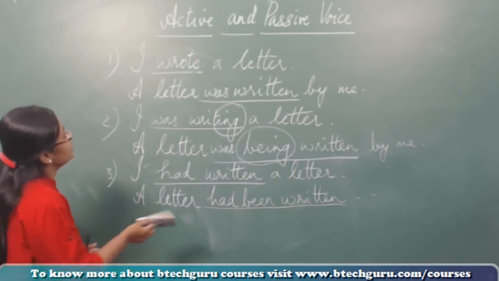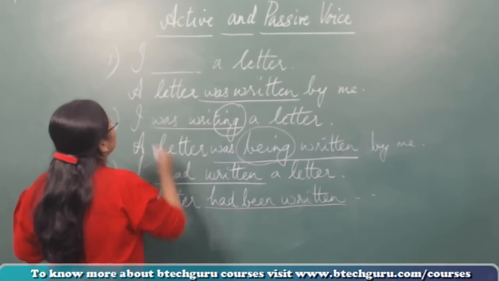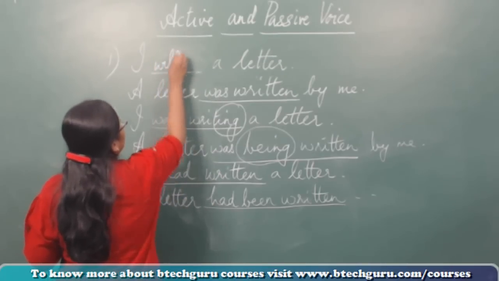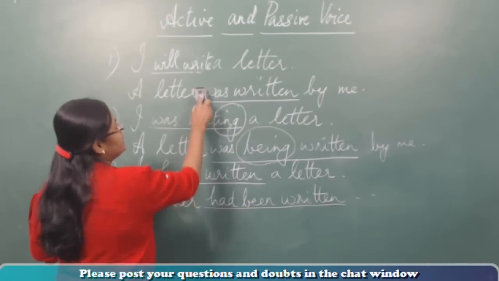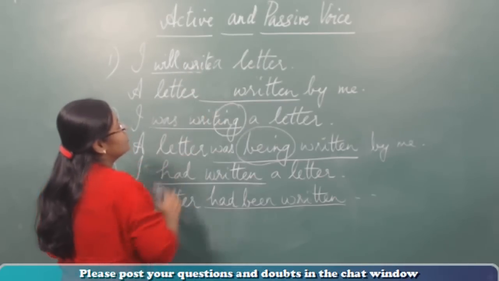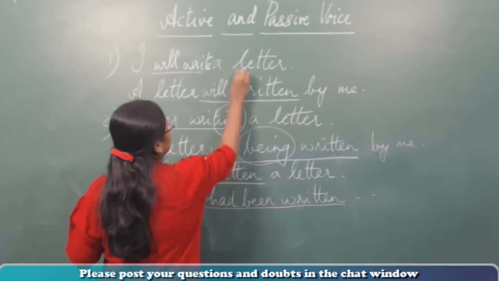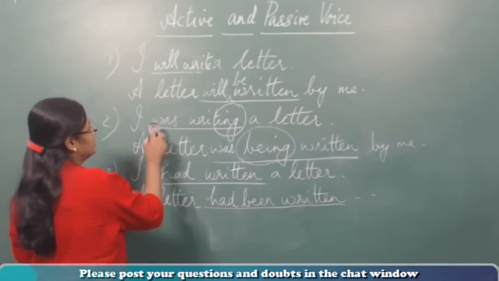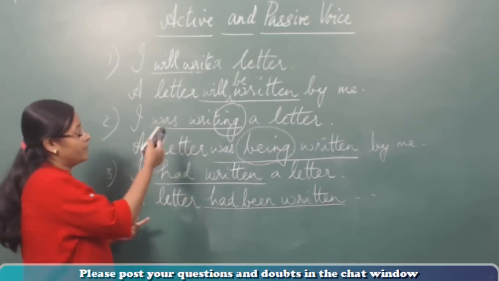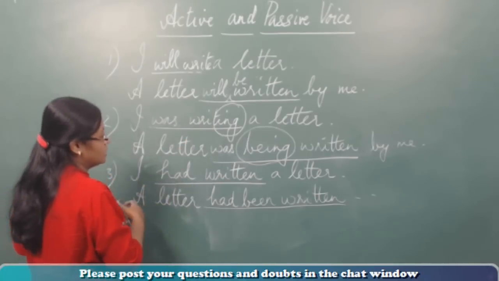Okay, then the future tense, I will write a letter. Now please listen carefully. Are you all noting down the differences here? A letter will be written by me, the future tense. Then there's no passive for the future continuous. So no need to change here.